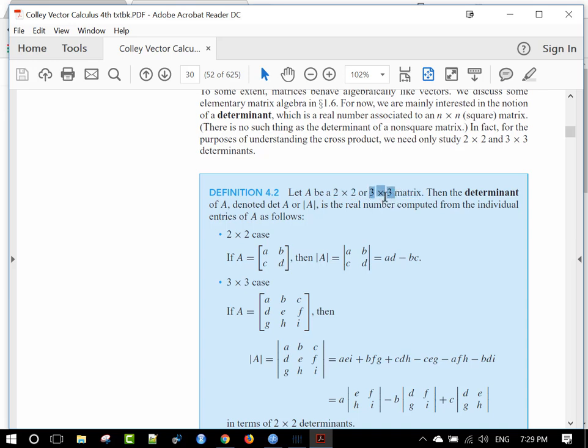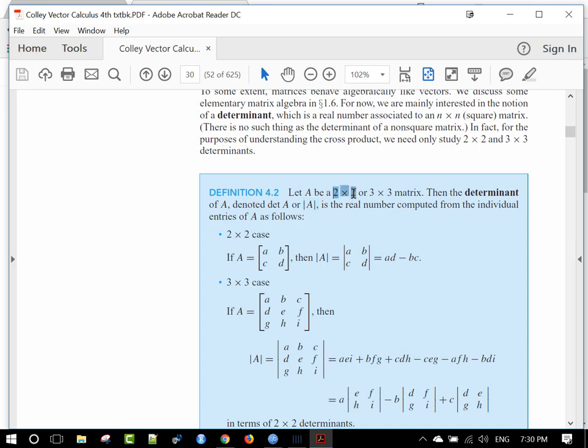First of all, we're going to denote the determinant either this way or this way. Both of these will mean the determinant. Now whatever we're doing here, it's going to end up with a number. The result is not going to be a matrix, it's not going to be a vector, it's going to be a number. Okay, let's see, how do we compute this number?